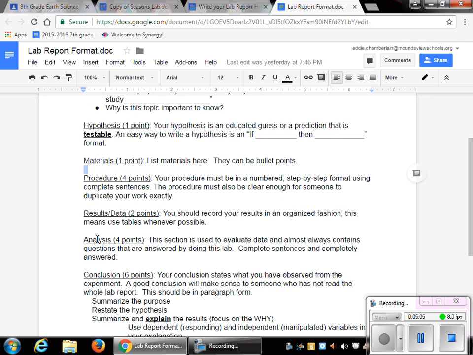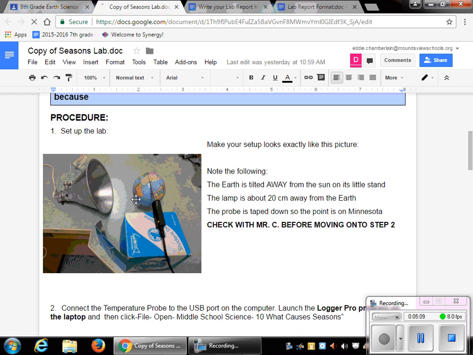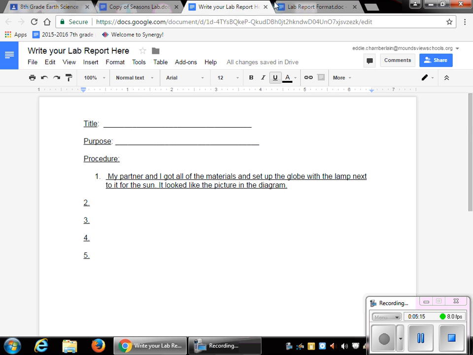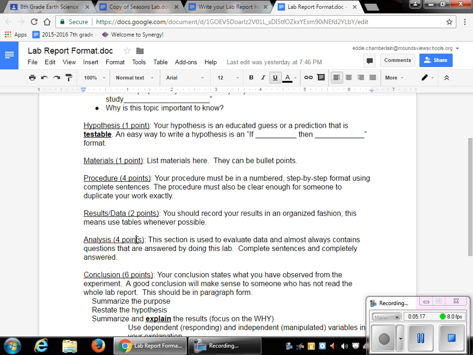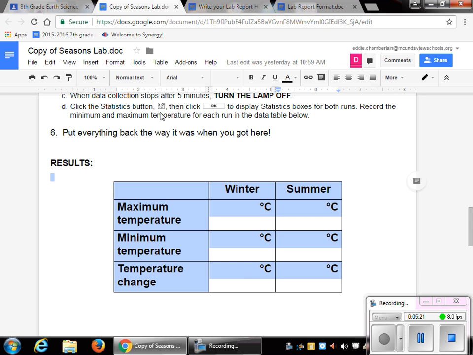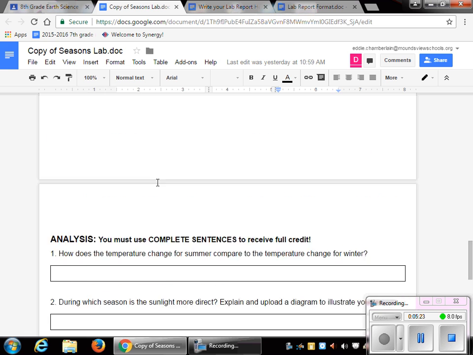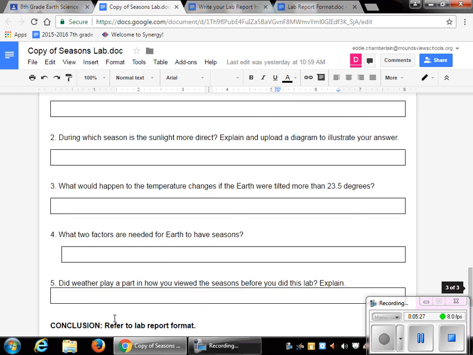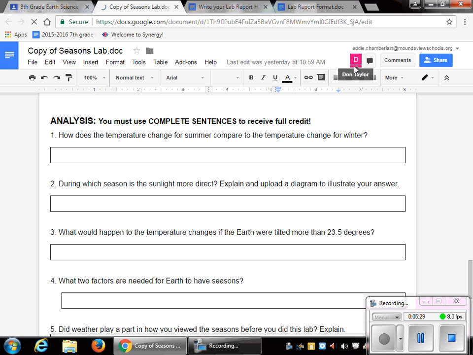Okay, afterwards, your data or your results is just the information that you got from doing the lab. That would be this part. So you could copy and paste this in if you wanted, or you could re-record it. Your analysis are the questions that I have you answer to help figure out the lab. That would be the part that was down here. This is in the actual lab. If you go down to the bottom, you don't have to actually write down the questions.